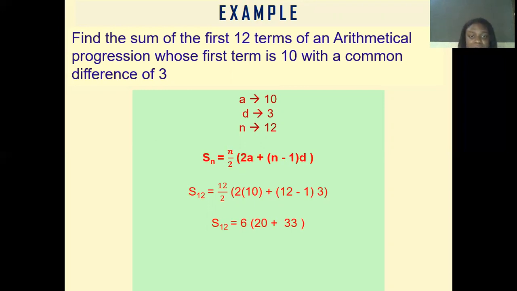Of course, you know that 12 over 2 is 6, 2 times 10 is 20, 12 minus 1 is 11 times 3, 33. So by the time we simplify this, we should have S12 equals 6 into 53. That gives us 318. Okay, so that's that for finding the sum of terms of an arithmetical progression.